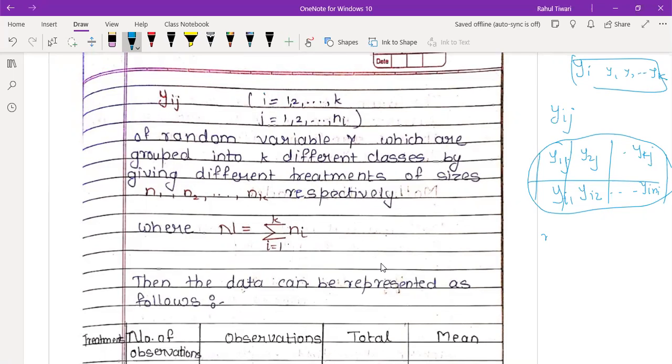That means I have n1 observations from one population, similarly n2, and so on up to nk, in such a way that capital N is the summation of ni, where i is running from 1 to k.